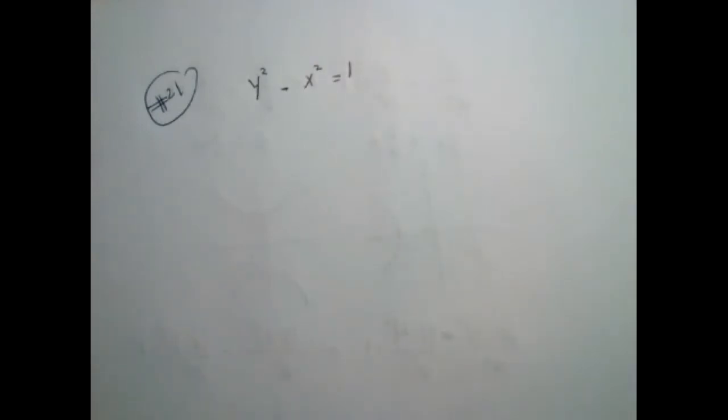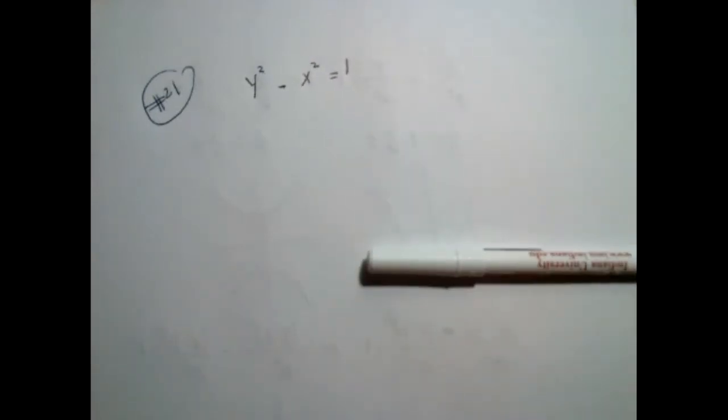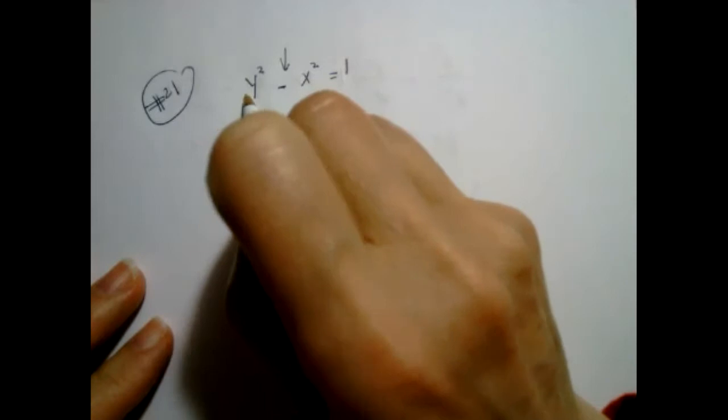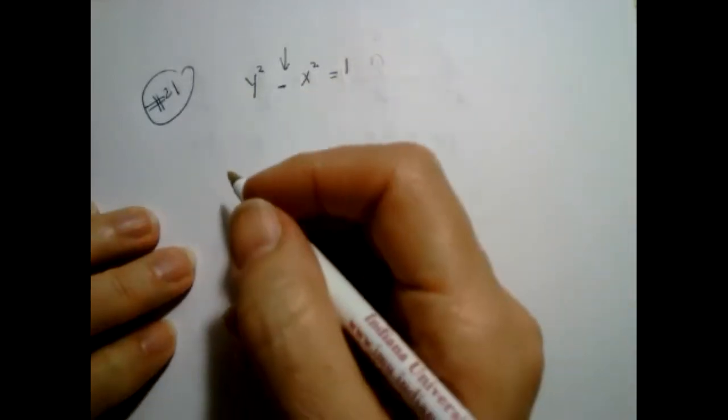Now in a hyperbola, we can have a equal to b. We can have that also in the ellipse, which makes the ellipse into a circle. It's a hyperbola, and because the minus is in front of the x squared, not the y squared, it is going to open up and down. So let us figure out everything they want.